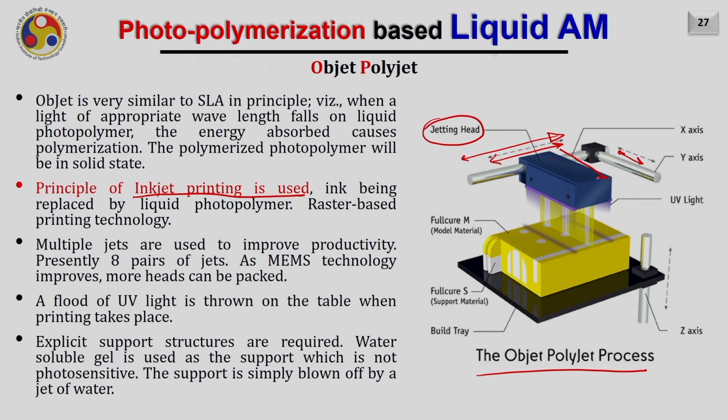As there is a finite length of the head, A mm, and it is moving back and forth in the X direction, in a single go it will be able to cure or inject the material in this range. But if the part is larger, then this whole thing will index to the next position and then again spread the material. And if it is larger than that, it will again index to the next position and spread the material.